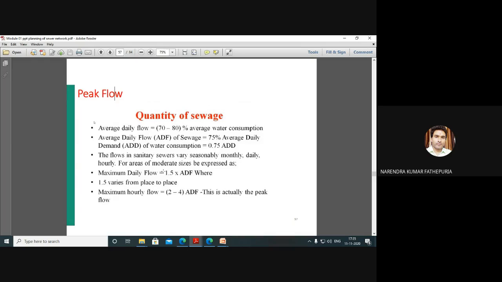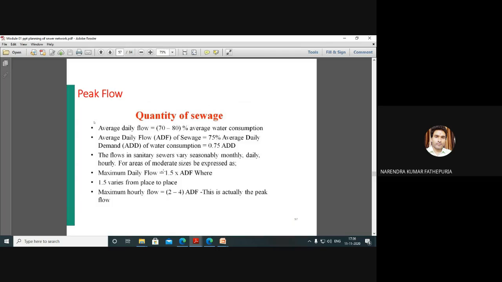The peak flow is very important. The peak factor has to be considered. Average daily flow should be considered as 70 to 80% of average water consumption. As I told you, average daily flow should be 75% of the average daily demand of water consumption, that is 0.75 of average daily demand. The flow in sanitary sewers varies seasonally, monthly, daily, hourly.